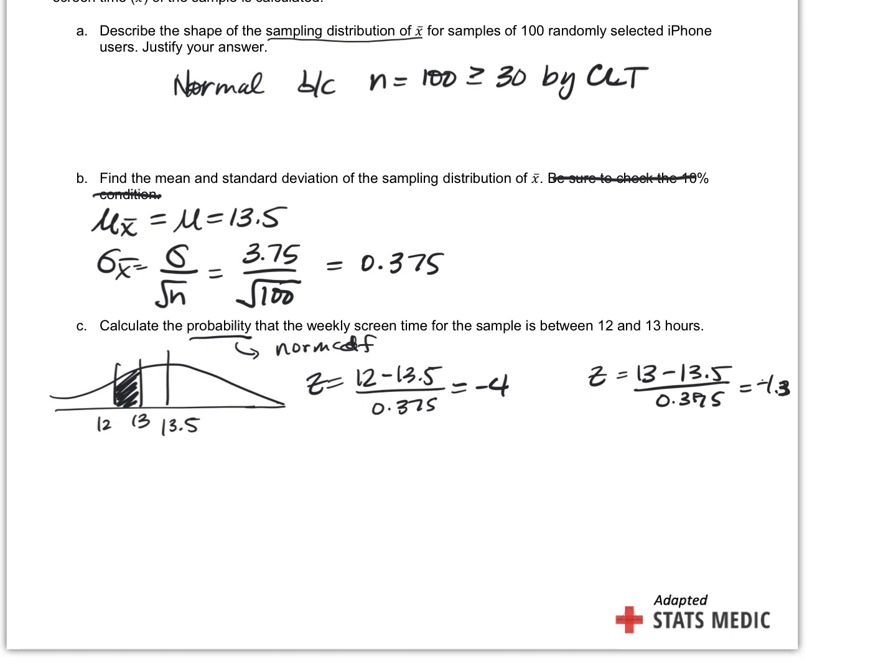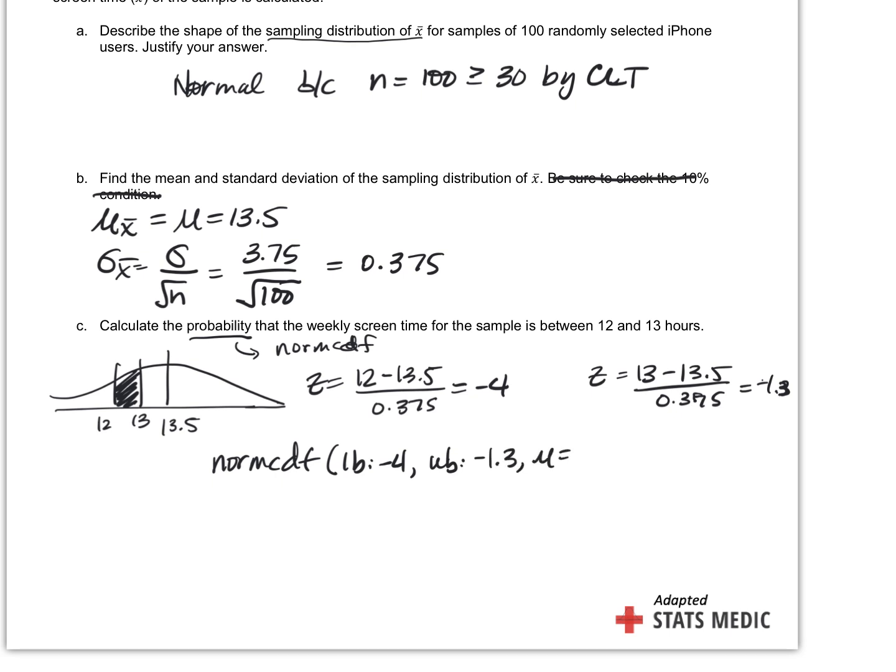Now, this is all you really have to do as far as the work. But then you would need to show me what you're putting in your calculator. So norm CDF, what would my lower boundary be? -4. My upper boundary, -1.3.